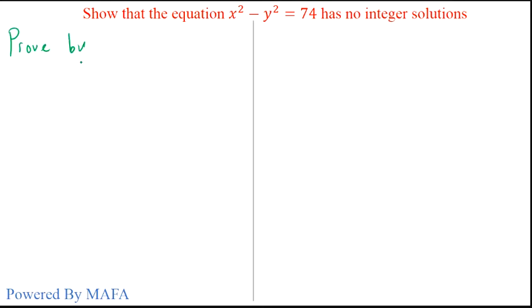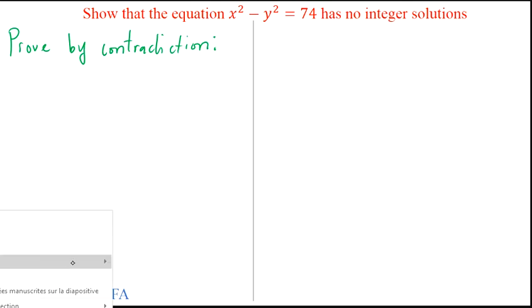To prove by contradiction, we are going to suppose that there are integer solutions, and then we show that it is impossible, and then we conclude.